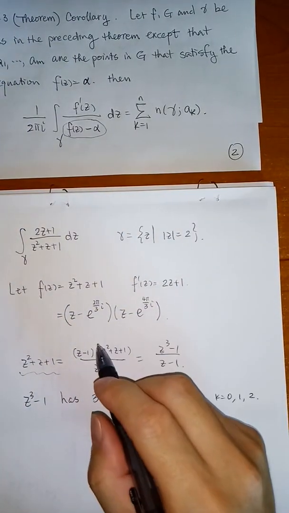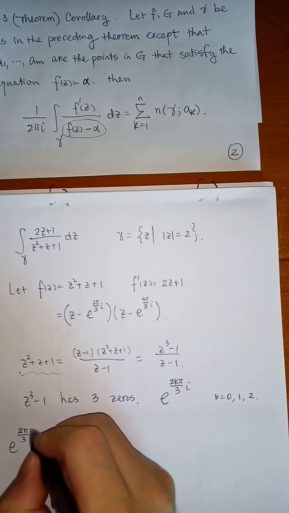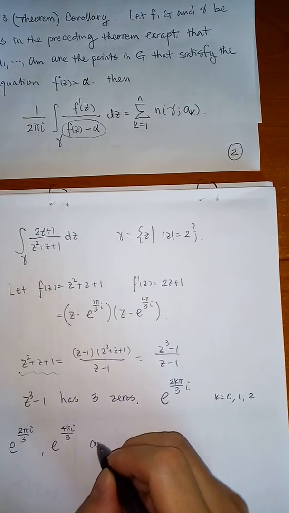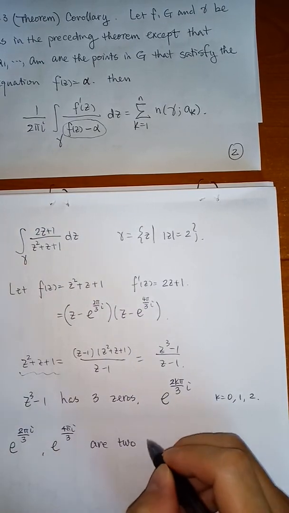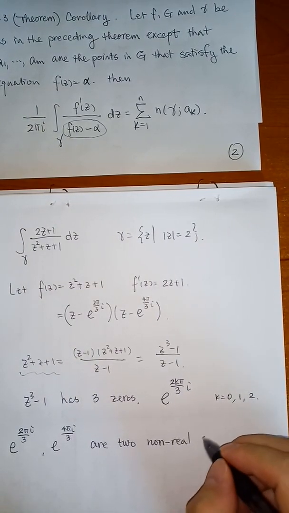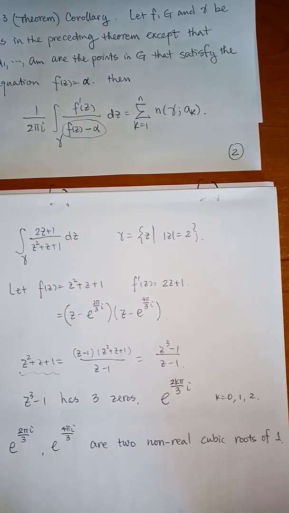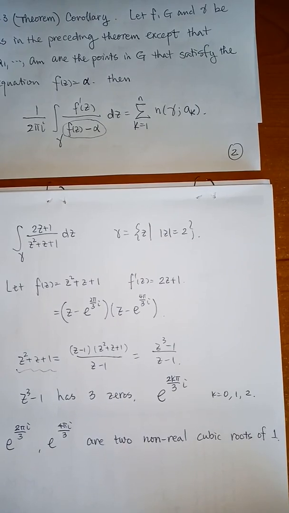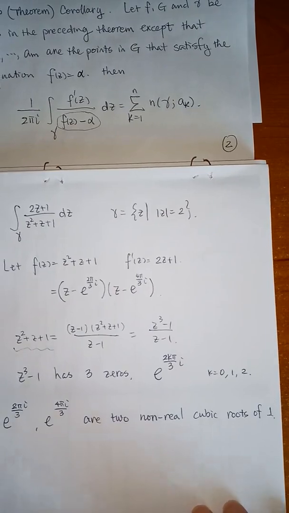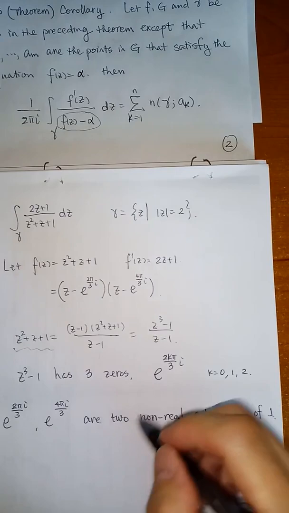They are the two non-real cubic roots of 1. Whatever, it's just two numbers, and those two numbers have absolute value 1, so they're inside the circle.